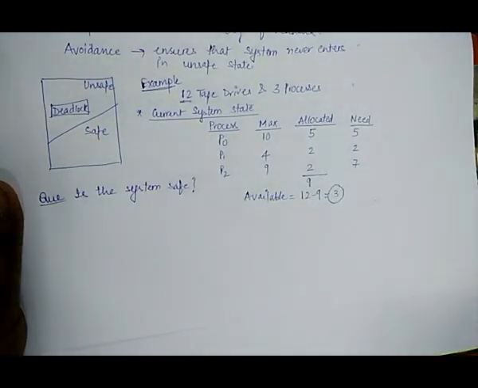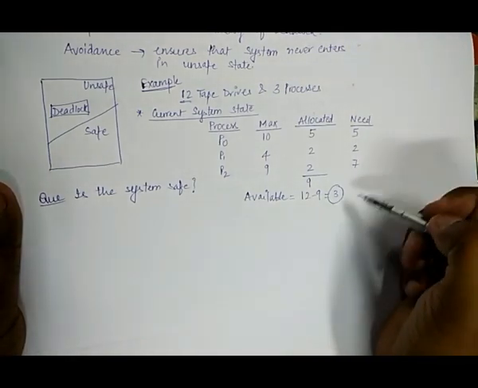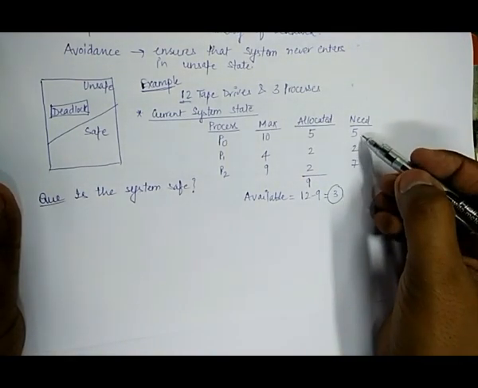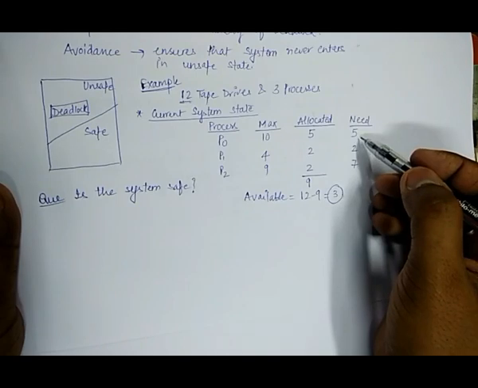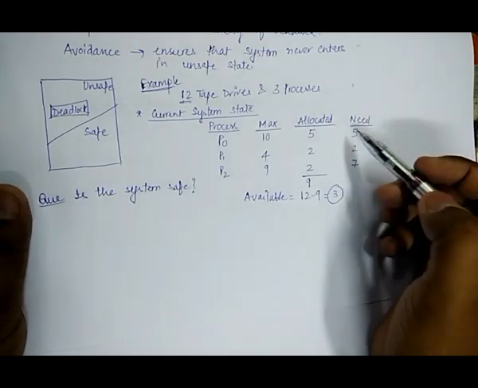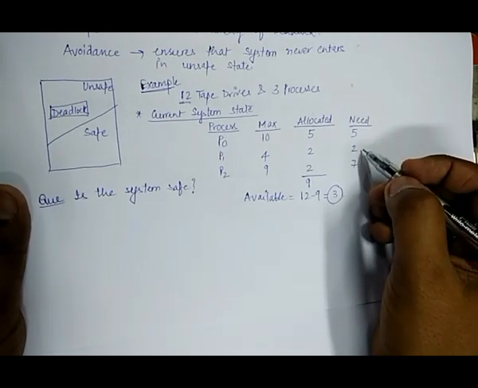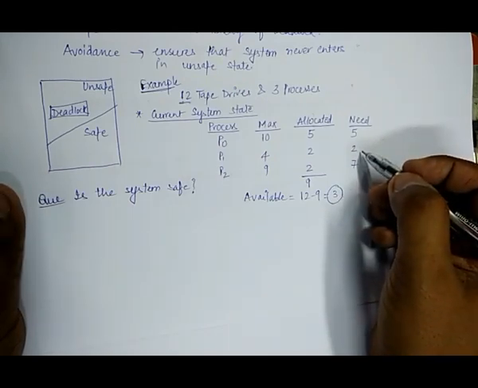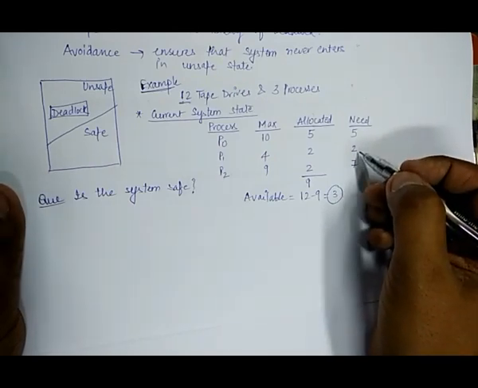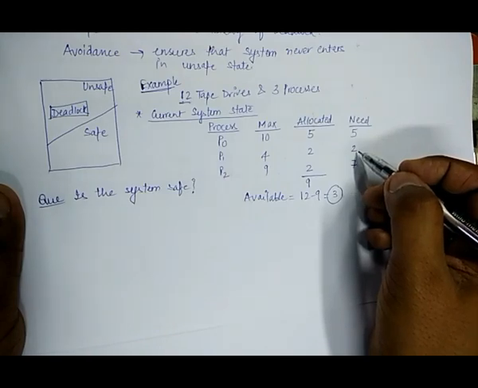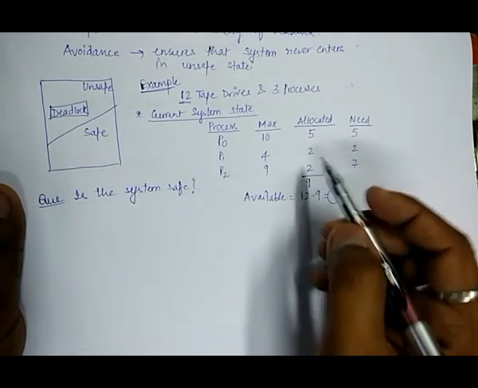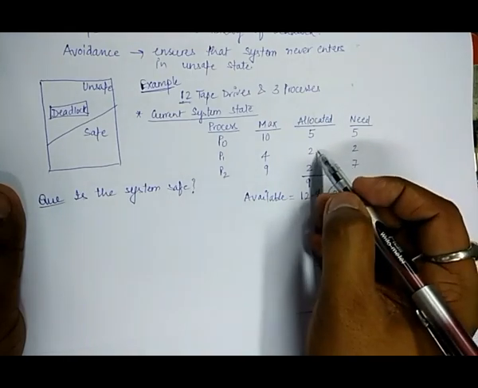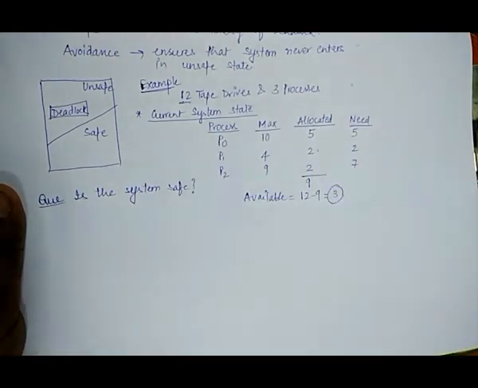Now with these 3 resources the need of P0 cannot be fulfilled, so P0 will wait initially. Now if we check P1, we have 3 resources and it needs 2. If we allocate 2 resources to it, its need will be done and its allocation will be 4.